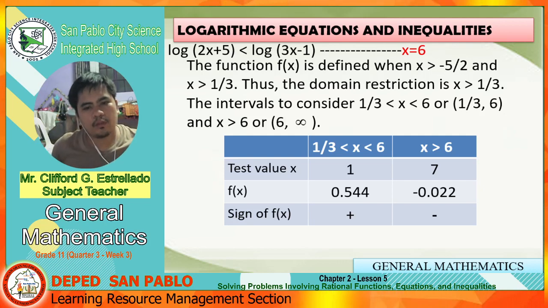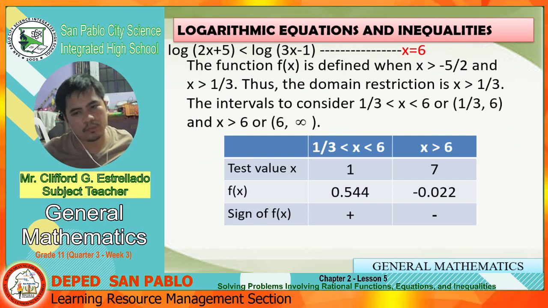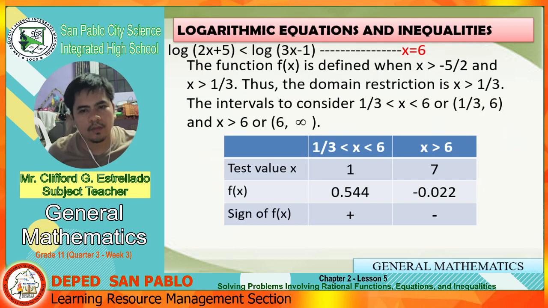So, we have 0.544. So, positive. But if x is greater than 6, example 7, so logarithm of 2 times 7 plus 5 is a logarithm of 3 times 7 minus 1. So, we have negative 0.022.